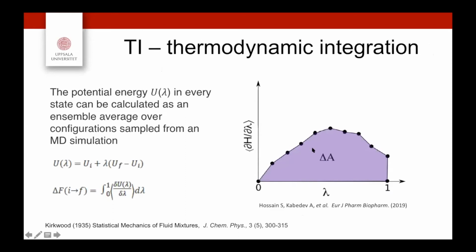So we go through several steps, and it will not necessarily be as straightforward as we assumed in the free energy perturbation. It might go through several stages in the development or evolution of this process.